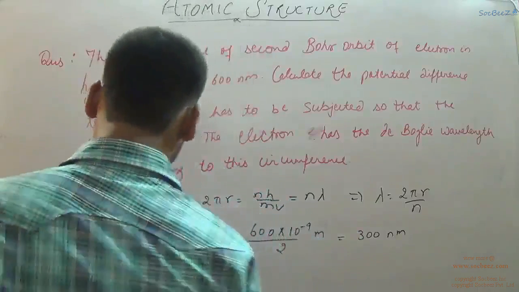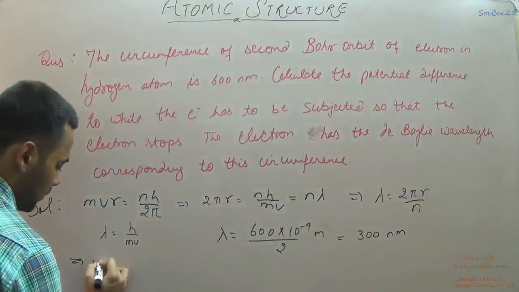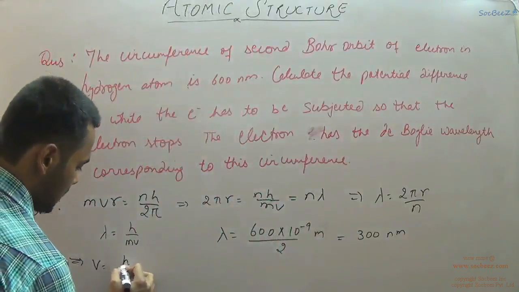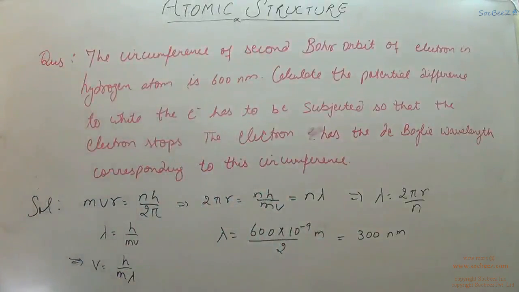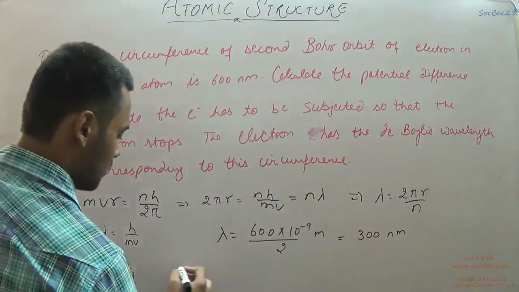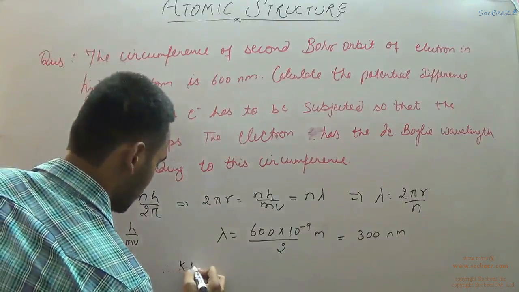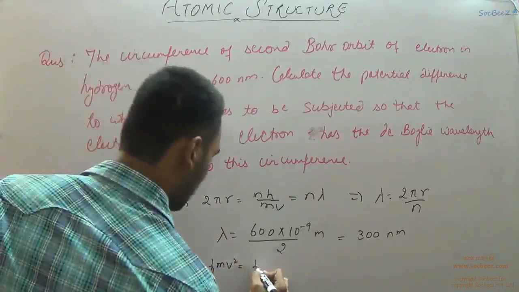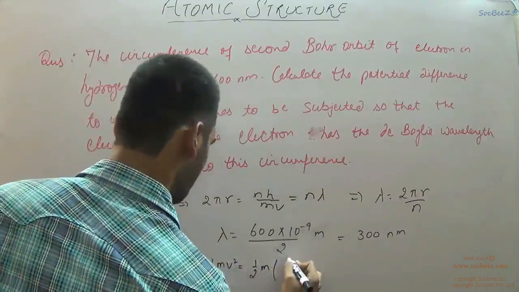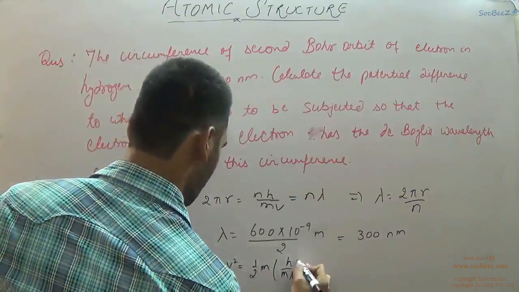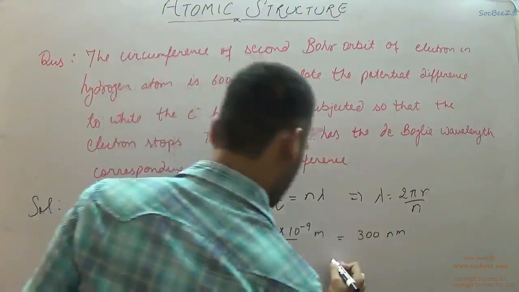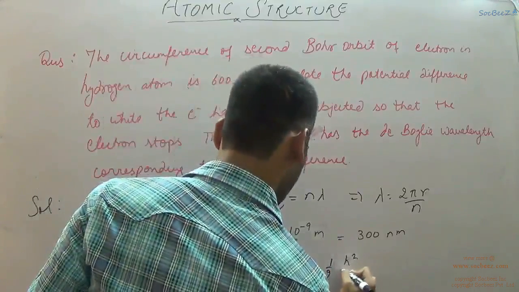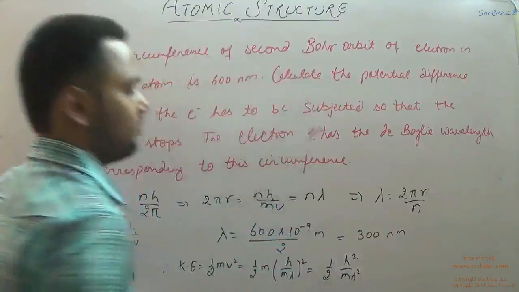And so from here velocity is h upon m lambda. Therefore kinetic energy becomes half mv square, so it comes out to be half m into h upon m lambda square. So this becomes half into h square upon m lambda square.